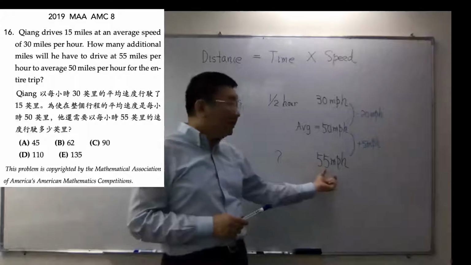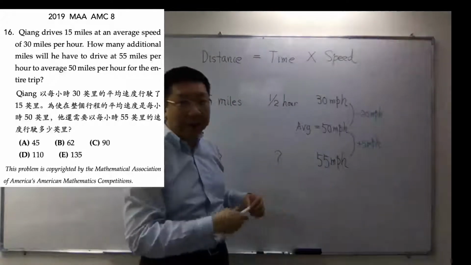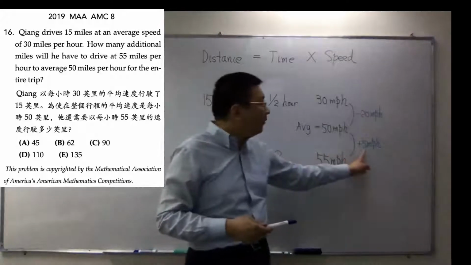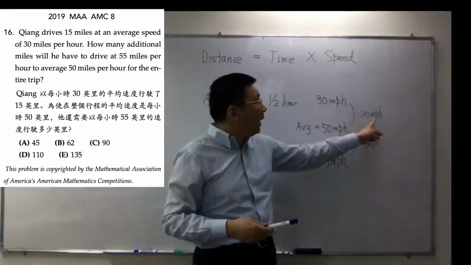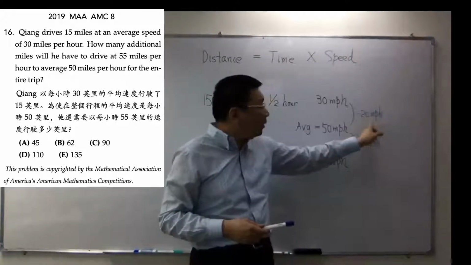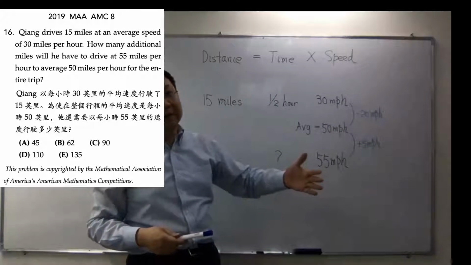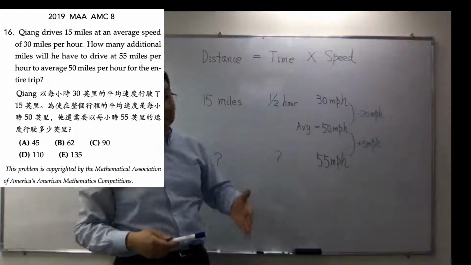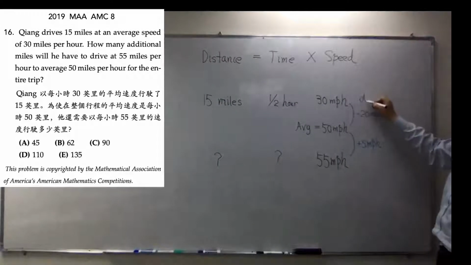But at this faster speed, you can only catch up how many miles per hour? You can only catch up 5 miles per hour. So for this slower speed, every hour you would have kind of like 20 miles deficit, and this plus 5 miles is kind of surplus.